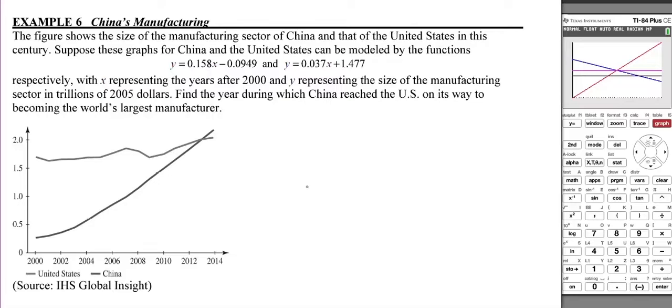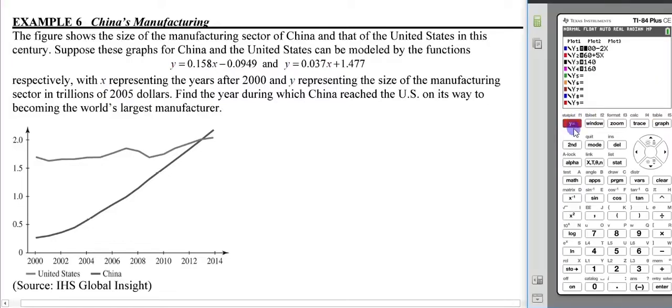So we are going to find the year during which China reached the US on its way to becoming the world's largest manufacturer. So what we can do is put this into the graphing calculator. You can do these by hand as well using any of the methods that we did. We're going to use the intersection of graphs method with the graphing calculator and play around with some of the window settings.